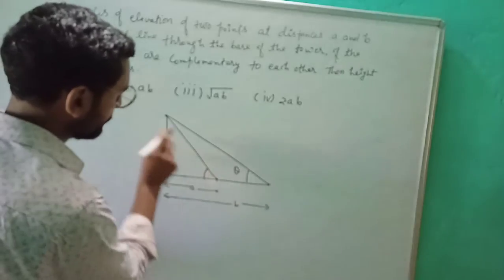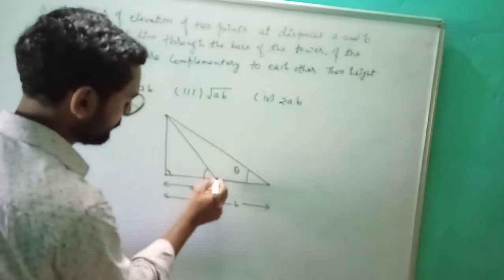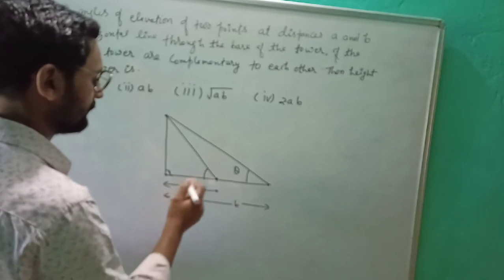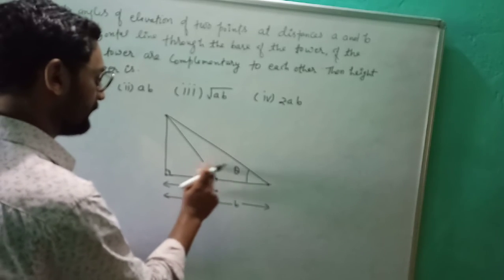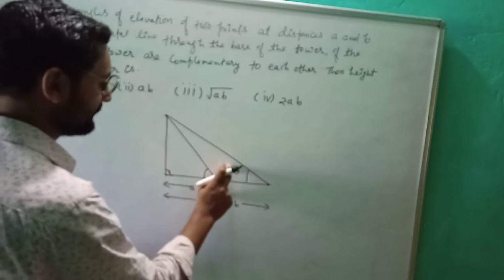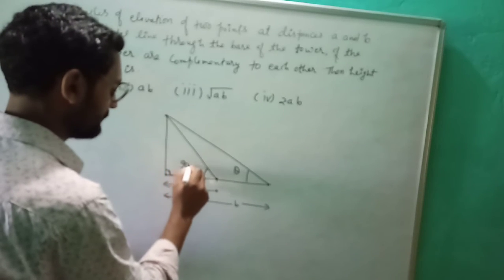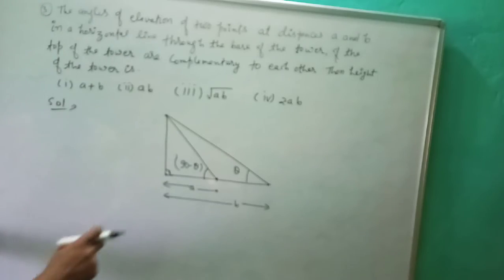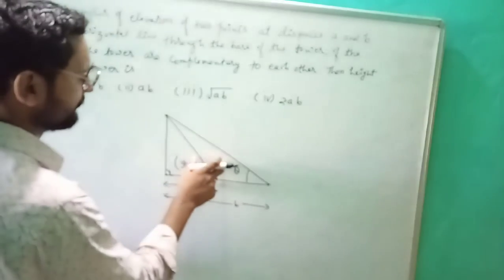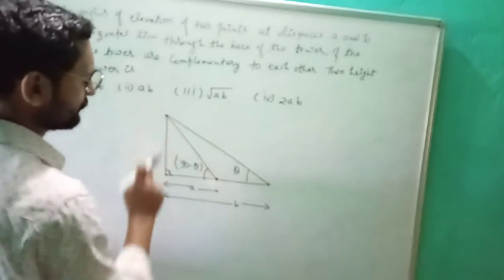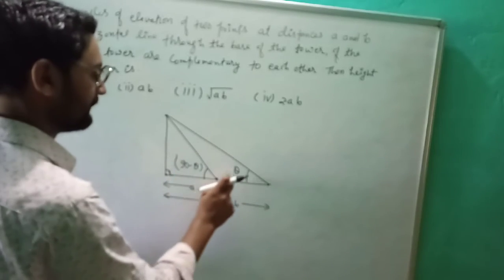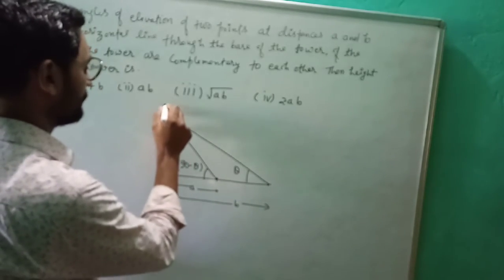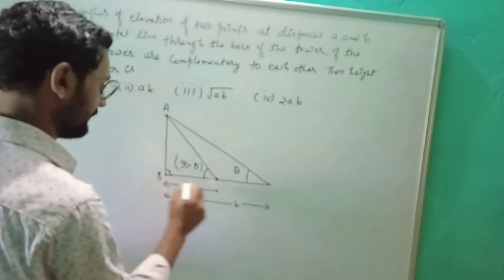And when I observe the top of the tower from the other point, the angle must be 90 minus theta, because the elevation angles from these 2 points to the top of the tower are complementary.